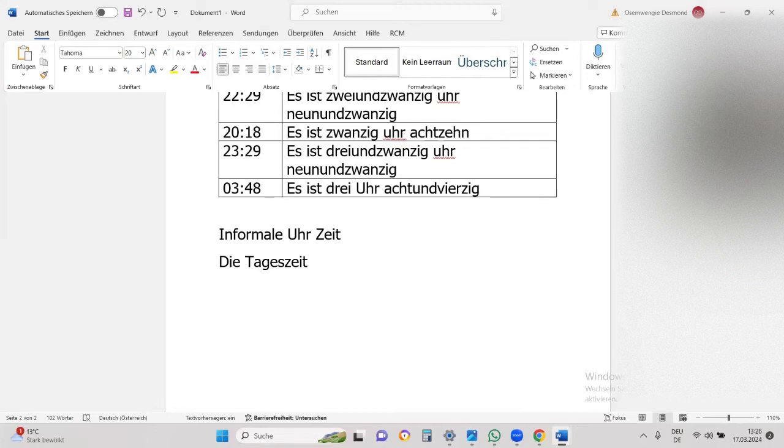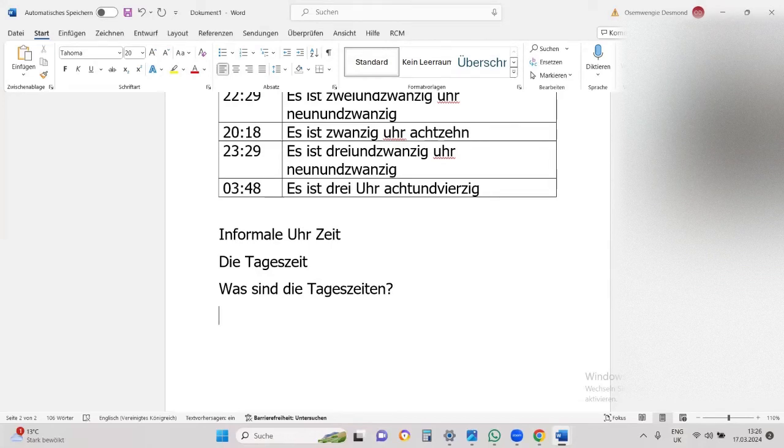Was sind die Tageszeiten? Und das möchte ich jetzt sagen.